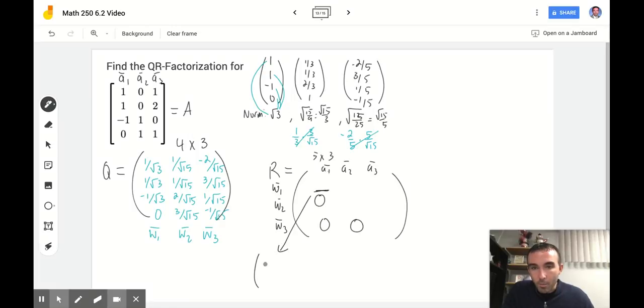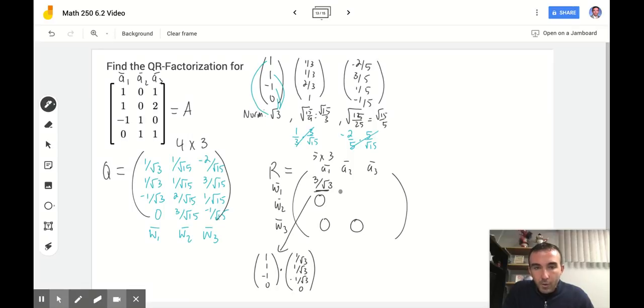I'm going to find the dot product of 1, 1, negative 1, 0 with 1 over radical 3, 1 over radical 3, negative 1 over radical 3, and 0. And when I do that, I get 1 over radical 3 plus another 1 over radical 3 plus another one. So that is 3 over radical 3 as my first entry.